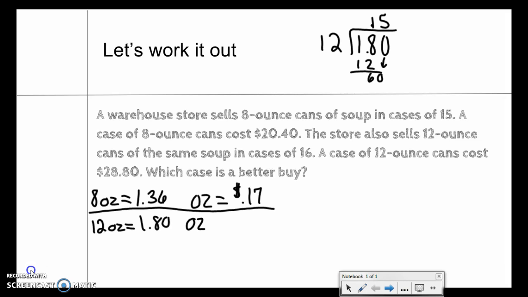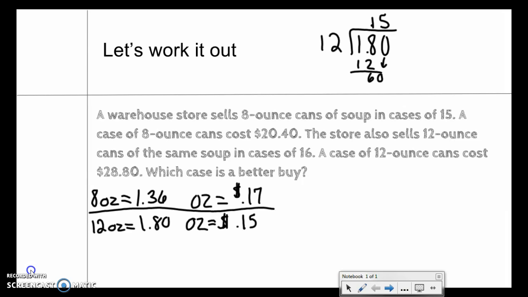Each ounce in the 12-ounce cans costs 15 cents. All right. So with the 12-ounce can, you're saving 2 cents per ounce. So you end up saving a good bit of money if you were to just buy the 12-ounce cans.